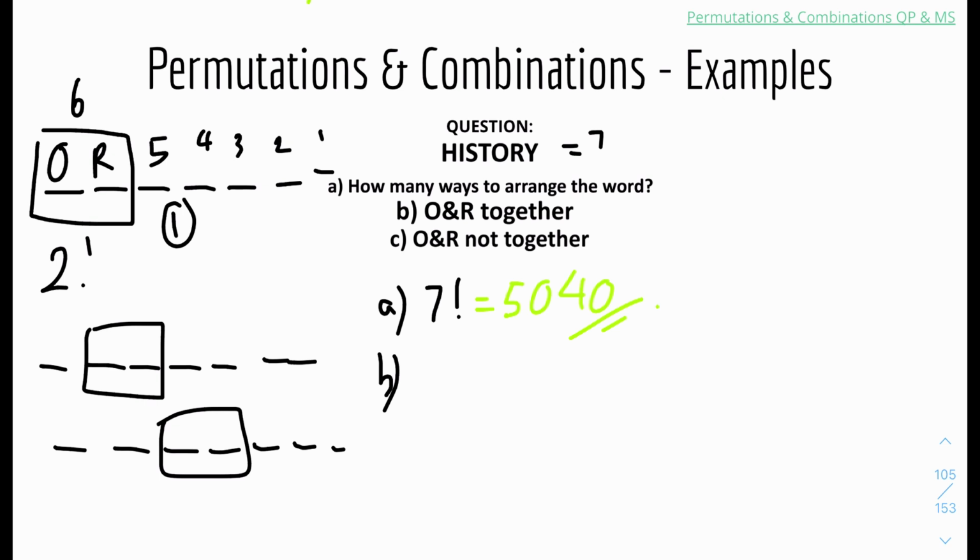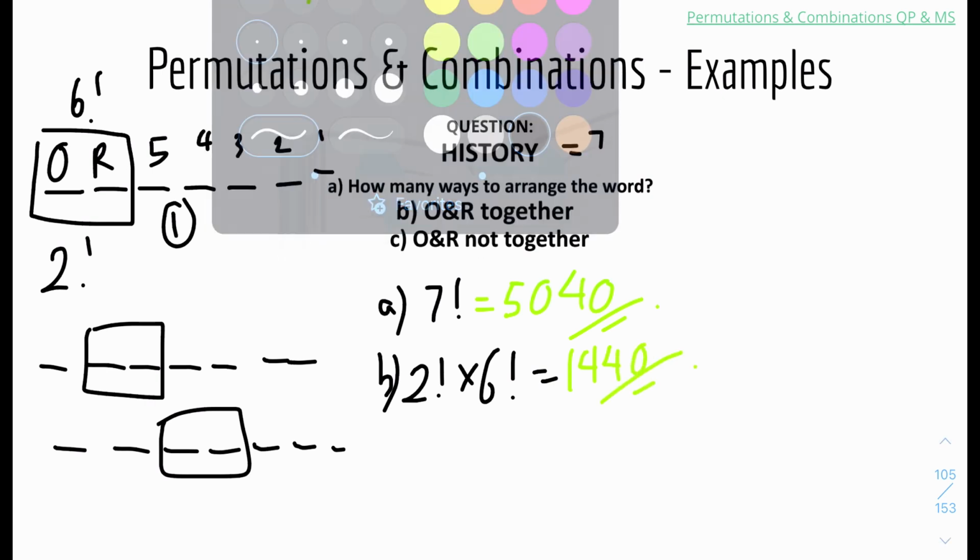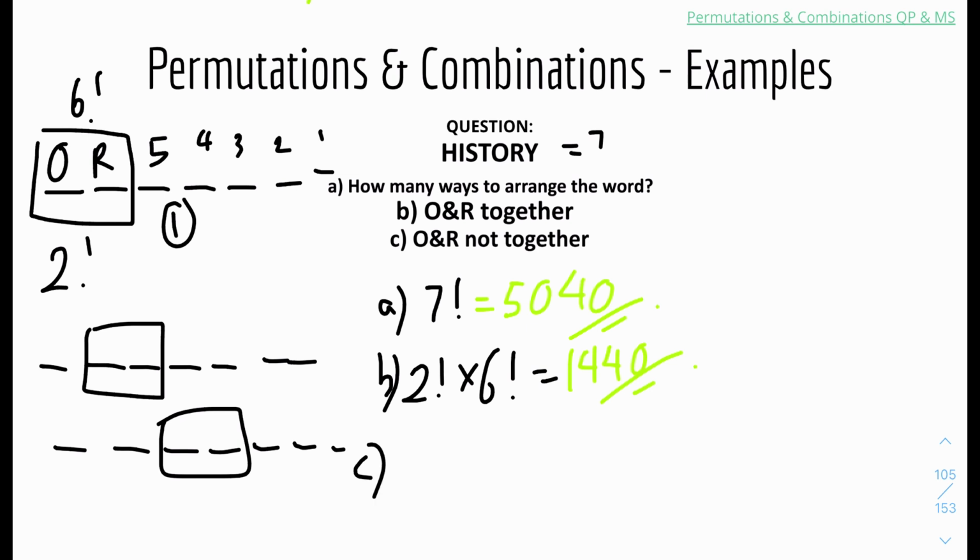So basically you will have to times by 6 factorial. So it'll be 2 factorial times 6 factorial. And if you put it into the calculator, 2 factorial times 6 factorial, we get 1440. So 1440 right here.